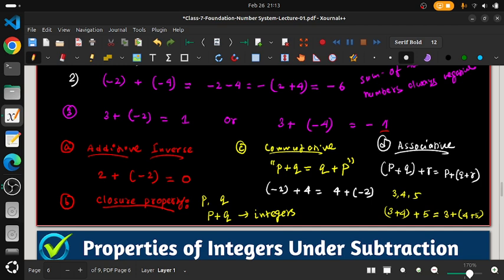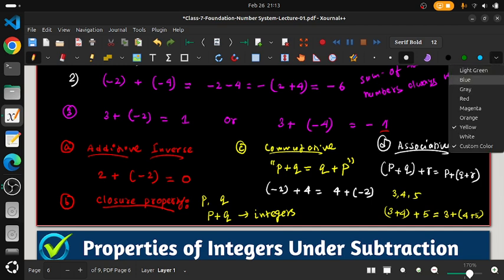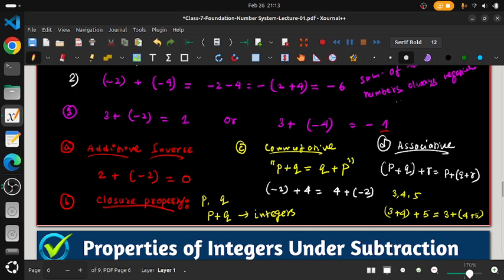There is another property. Since I don't have space here, I will write it in a cramped way: the additive identity.